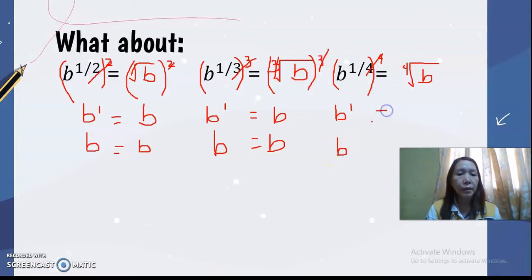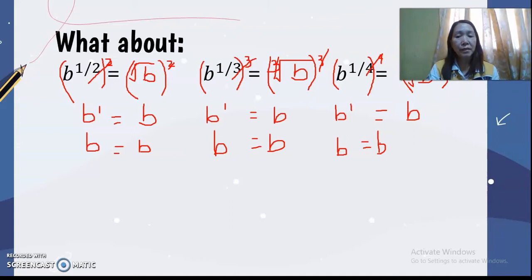On the right side of the equation, we are going to raise the expression by 4, so we cancel this out. What is left is b, and b is equal to b. That is the identity that b is equal to b.